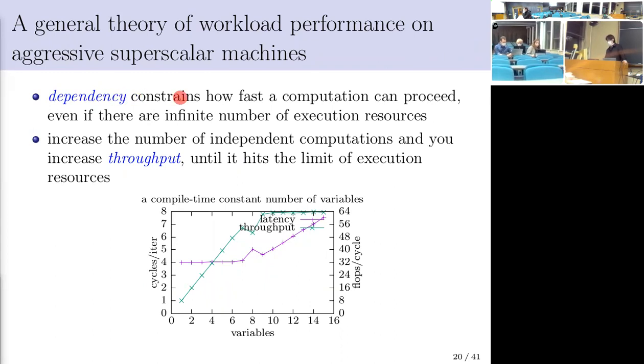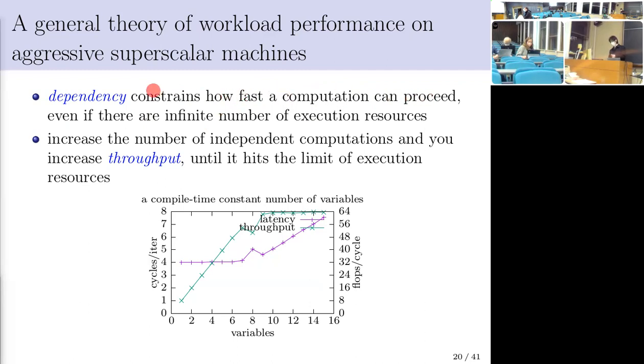That dependency constrains how fast a particular computation can proceed. It has nothing to do with the execution resources of the processor. No matter how many execution resources the processor has, dependency dictates how fast a computation can go.